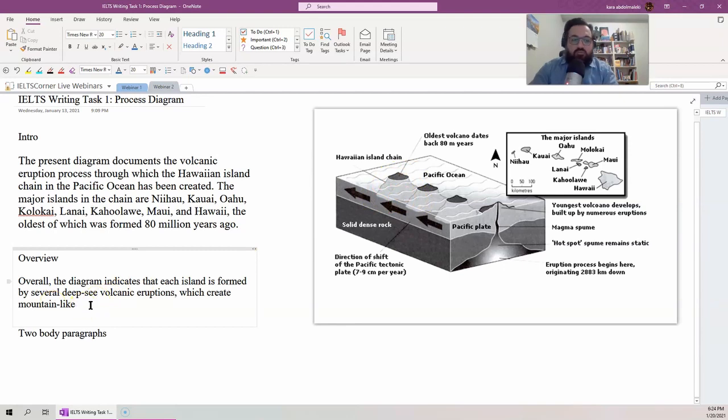So we can call it a bulge. Mountain-like bulges. And where are the bulges? The bulges are in the Pacific plate, right?